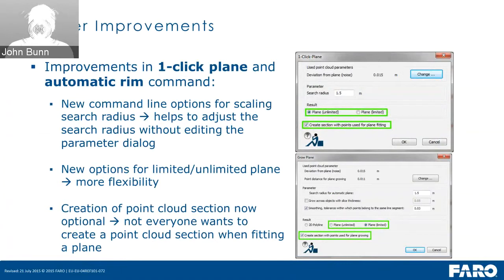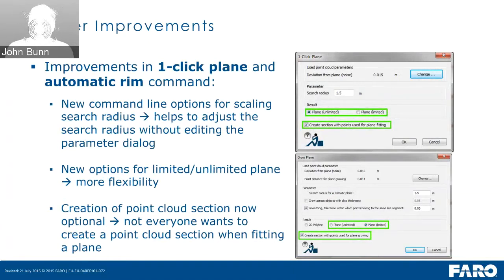The other thing that we've added is the ability to no longer create sections by default, or without the user being able to turn that off. So you have a new checkbox here where you can either create the section in the Point Cloud Manager or in the Section Manager, or if you uncheck it, which I usually do, it will not do that. So typically I keep that unchecked.